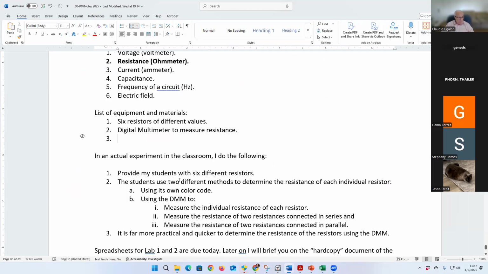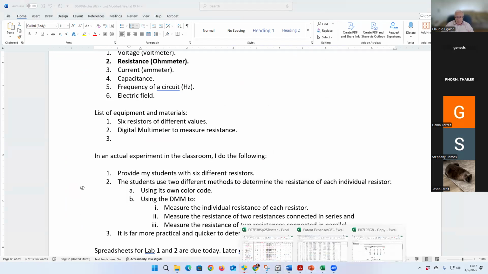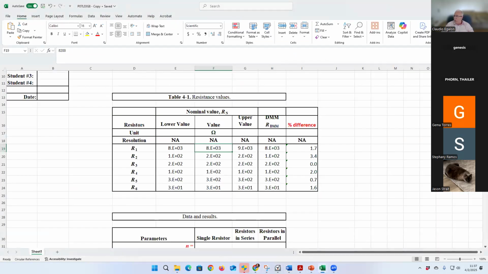In an actual experiment, I do the following: I provide my students 6 different resistors. The students use 2 different methods to determine the resistance of each individual resistor, using its own color code. The nominal value of the color code goes right in this column. The lower value of the tolerance goes here, that's minus whatever percent you have.